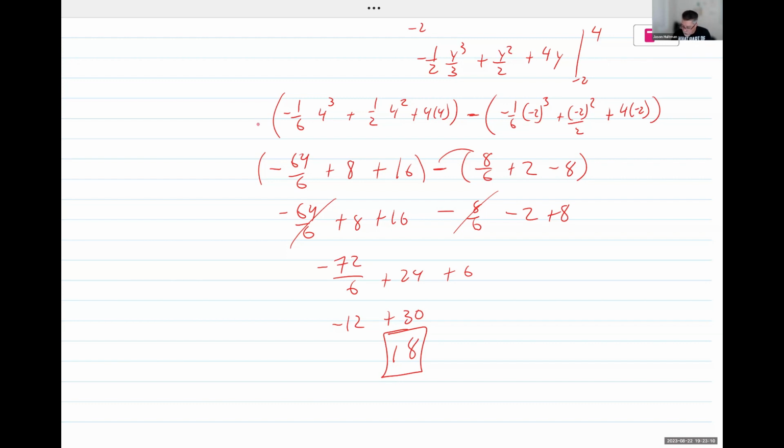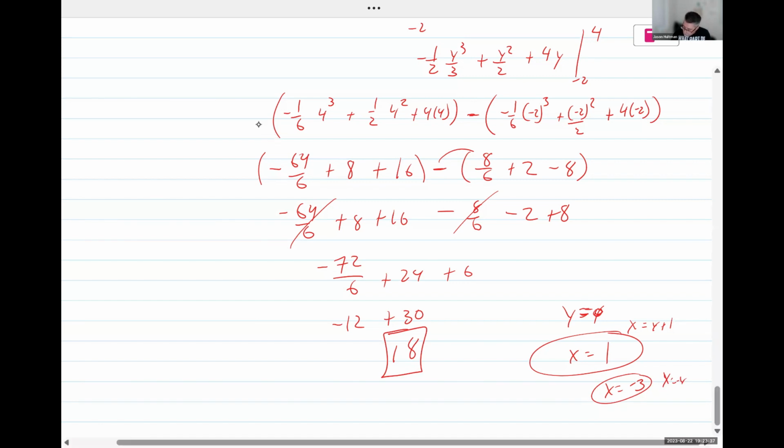At y equals 0, then x is equal to 1 for x equals y plus 1, and x is equal to negative 3 for x equals 1/2 y squared minus 3.